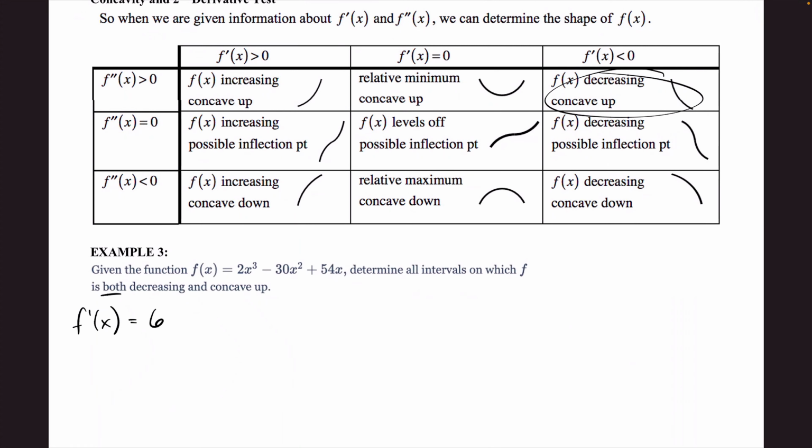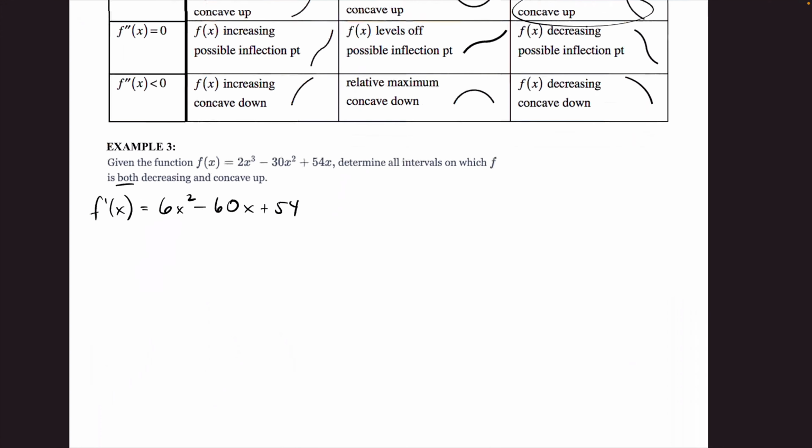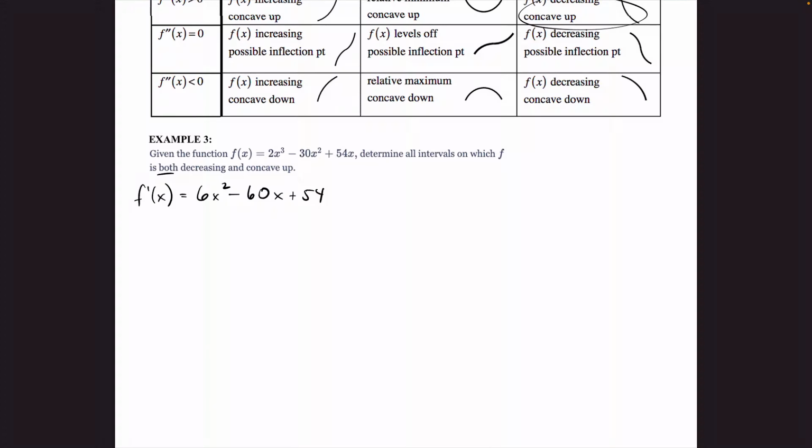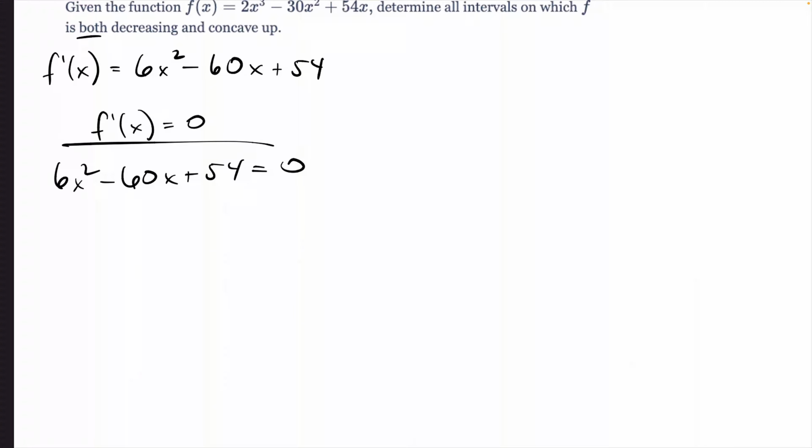Seems big and evil. 6x squared minus 60x plus 54. I'm plugging 1 into that, guys, where this guy equals 0. Yep, we can divide by 6 when we set it equal to 0 to make it smaller. It's a trinomial.